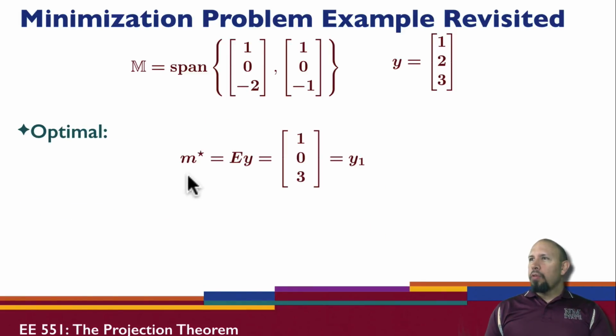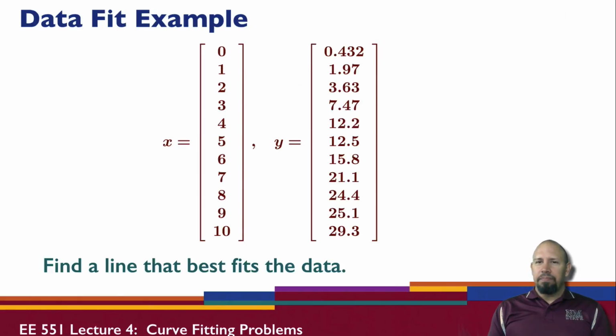So the optimal is the projector times y, which zeroes out that middle element, which is indeed y1. We saw intuitively what y1 must be, but now we've actually gone through and shown that when you do the projection, you get exactly what you expected. So my guess was accurate.